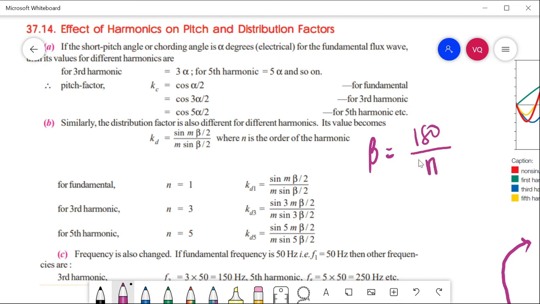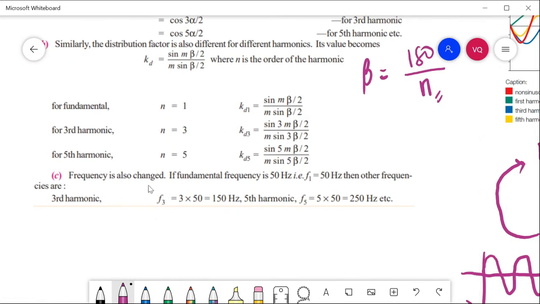So this n here will be the order of harmonic. For fundamental, n is equal to 1. We have a subscript here to denote fundamental, Kd1. For third harmonic, we have Kd3. For fifth harmonic, Kd5. So same formula, ang pagkakaiba lang ay yung n. Yung 180 over n, yung value ng beta.